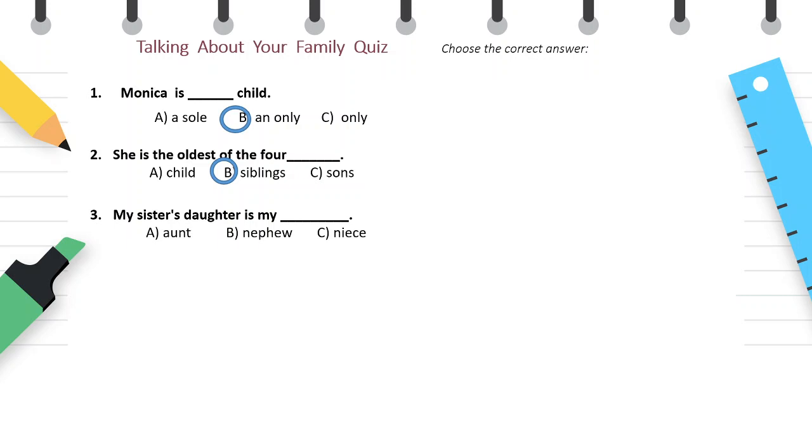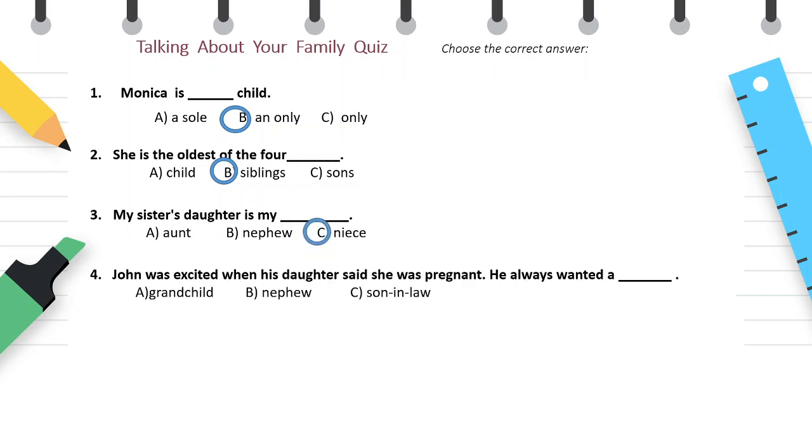My sister's daughter is my aunt, nephew, or niece. You're correct, niece. John was excited when his daughter said she was pregnant. He always wanted a grandchild, a nephew, or a son-in-law.